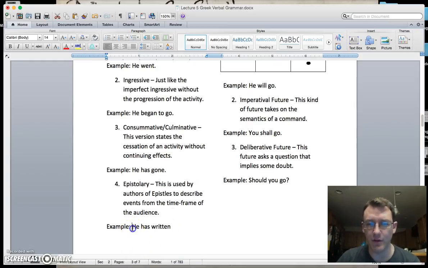And then if it's in the third person, he has written this letter to you in order to communicate this, right? He has written it? No, he's currently writing it, but from your perspective, when you actually get the letter, he will have written it. So he has written it. It's something we do in English all the time. We just don't have a word for it. Now we've created one, the epistolary aorist.